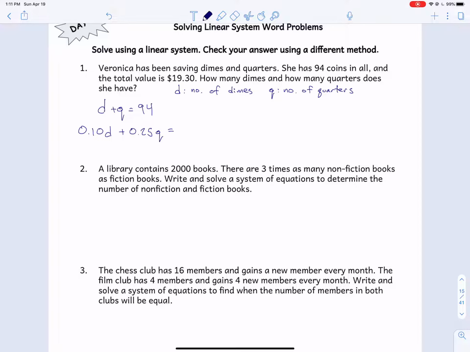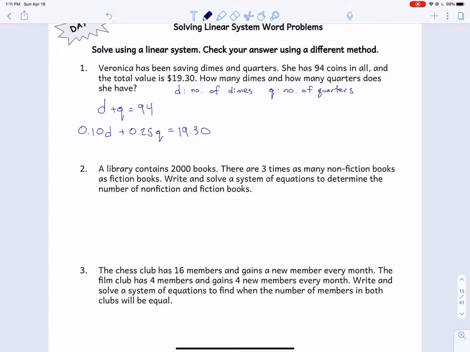If we add it all up, that's the amount of money we have, and in this case, it's $19.30. So we have the variables on the same side of the equation.